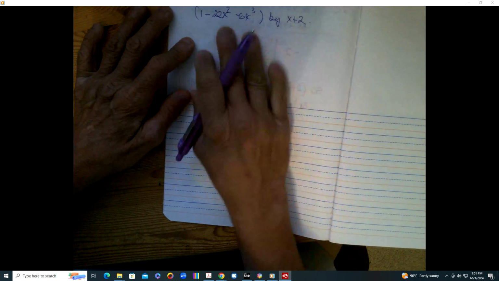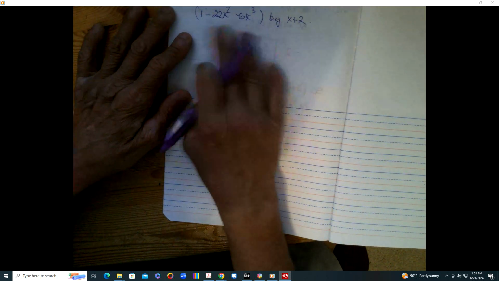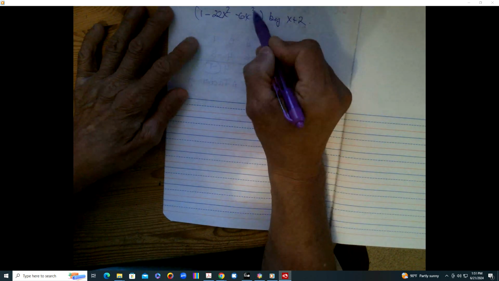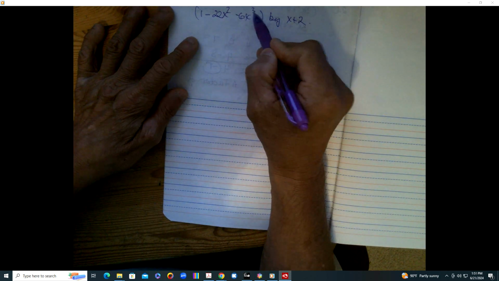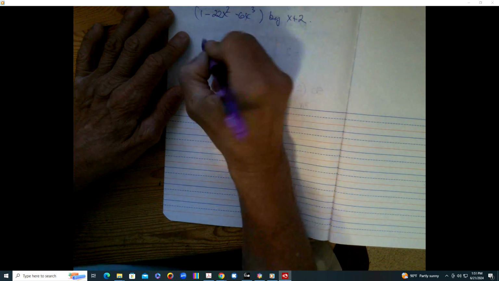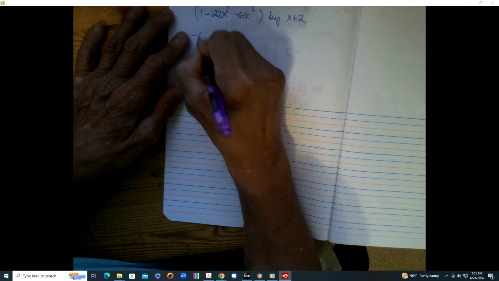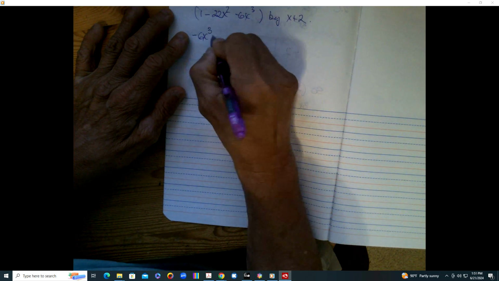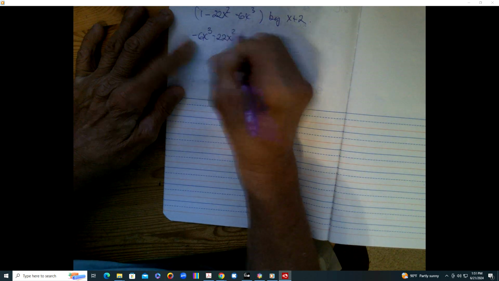So, chừng nào mà tụi con thấy như vậy, tụi con phải rewrite and put them in order from largest, from the degree of polynomial largest to smallest. So now bác viết lại negative 6x to the third minus 22x squared.